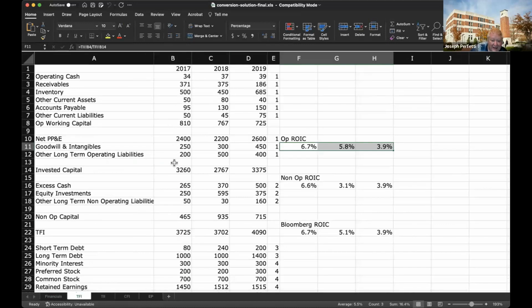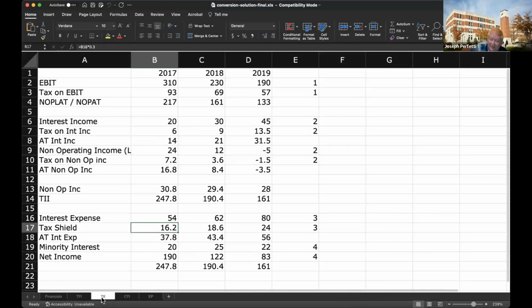So that whatever taxes we pay will be equal. We're just spreading them out across the three sections. We still want to end up with our statements showing the same taxes. We're just putting them into: these are my operating taxes, these are my non-operating taxes, these are my tax shields. But they'll still net to the actual taxes the company paid.